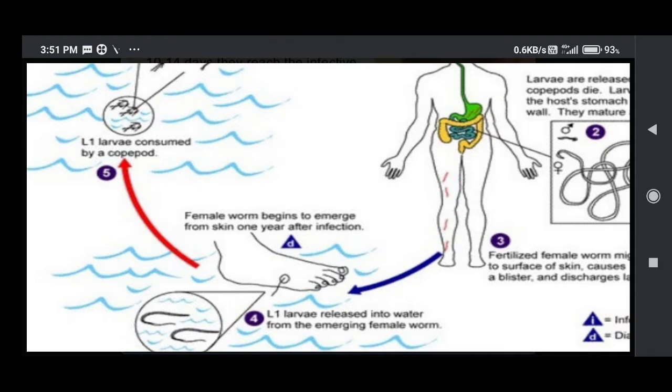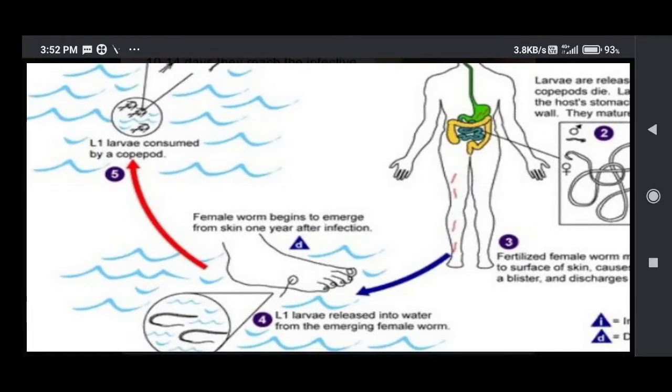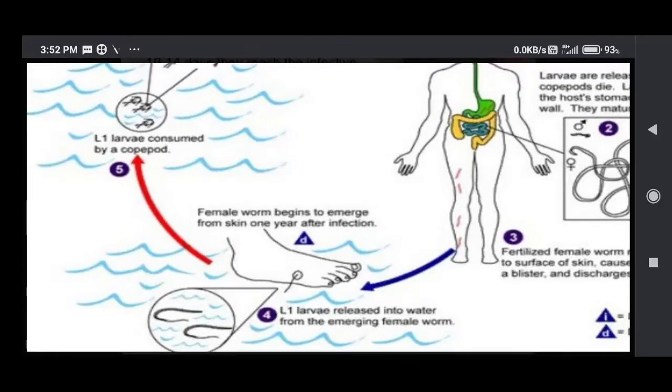Generally, the matured adult parasites migrate to the limbs, especially the legs near the feet. The female comes out at the feet, releasing some chemicals, and by these chemicals a blister is formed. From that blister the female emerges.